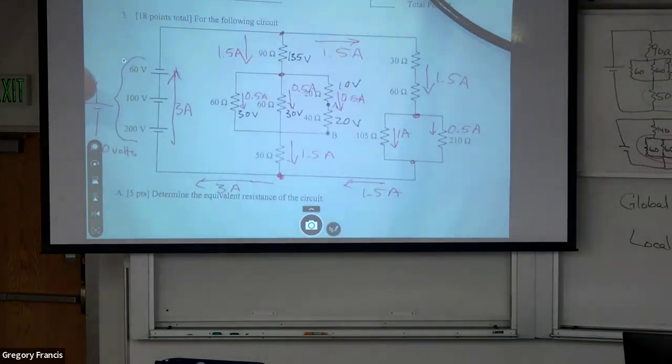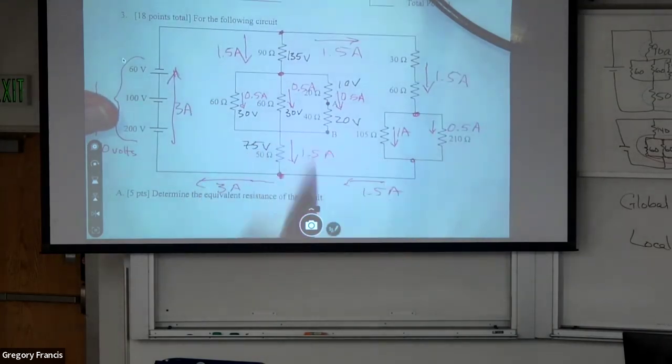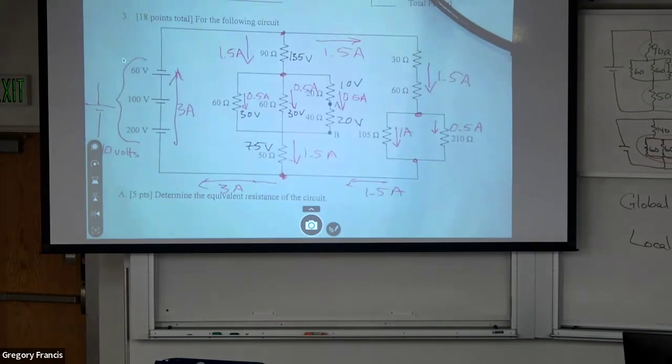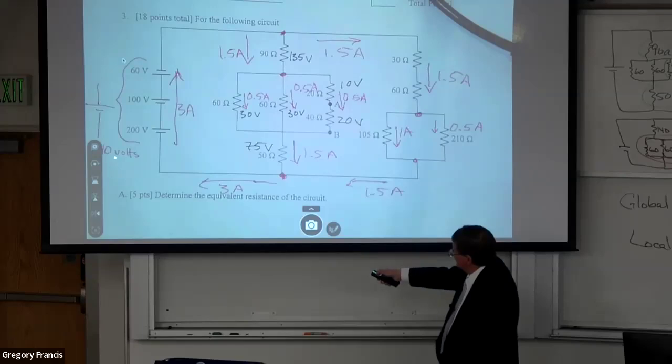And down here, 50 times 1.5 is going to be 75 volts. So look here. Any path, I've got 135 plus 10, plus 10, plus 20. I'm up to 165. If I add 75 to that, I get 240, the battery voltage.